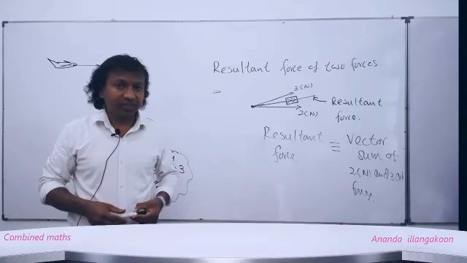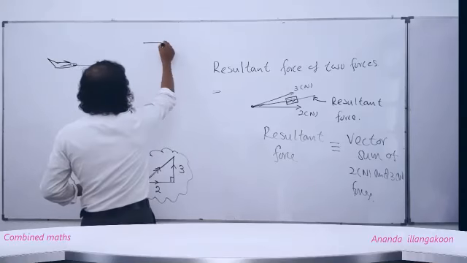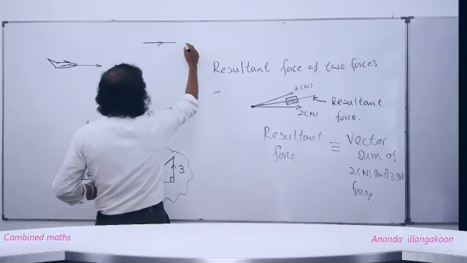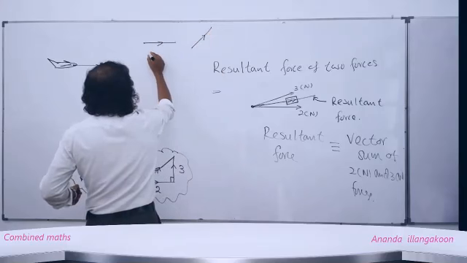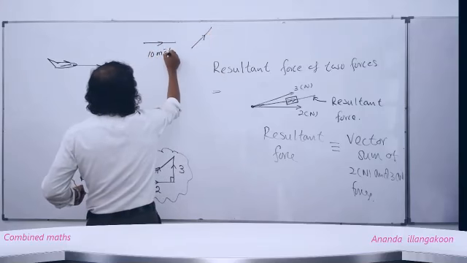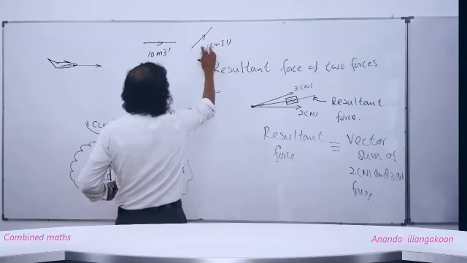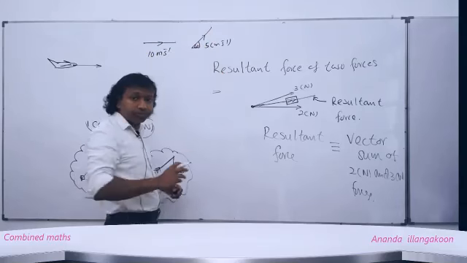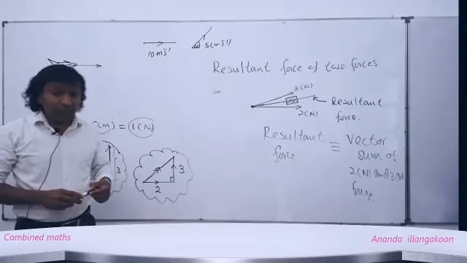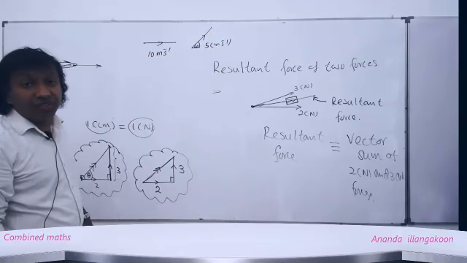Understood, people? Right? Now suppose here we have two velocities. One velocity is in this direction, another velocity is in this direction. Suppose here 10 meters per second. Suppose this is 5 meters per second. This angle is suppose 60. Now suppose we need to find the resultant velocity of these two velocities.